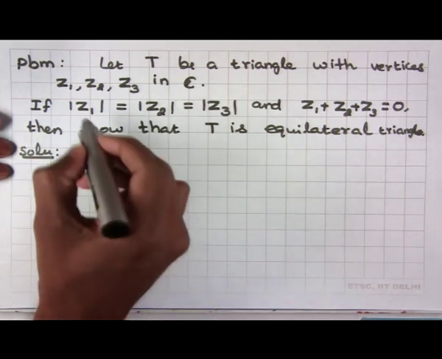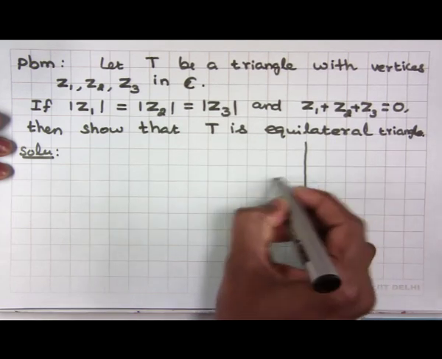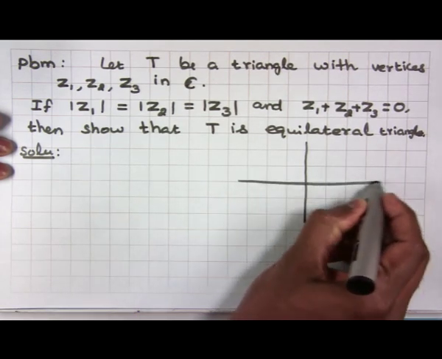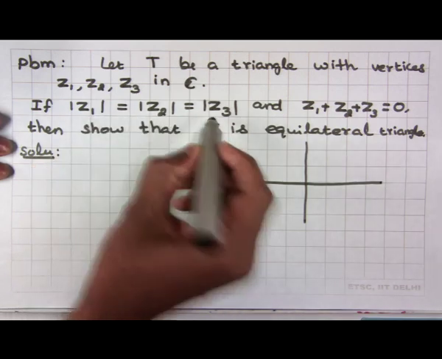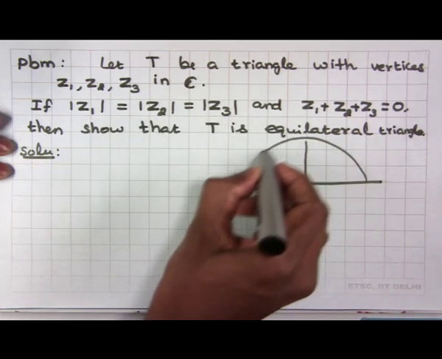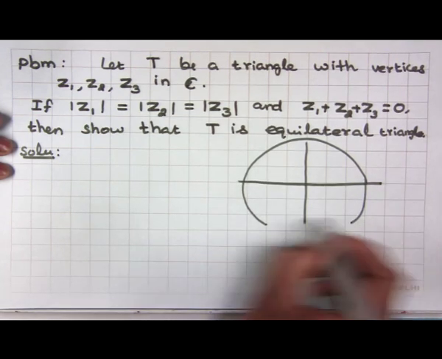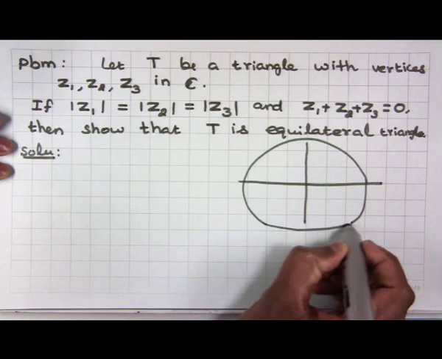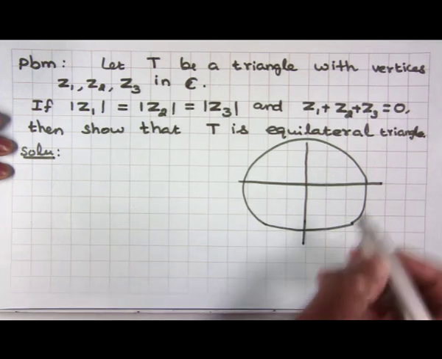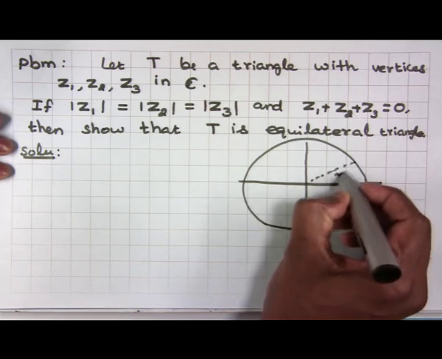So, let us try to visualize what is given to us. Since their modulus are equal, they lie on a circle with some radius, we can call it r.